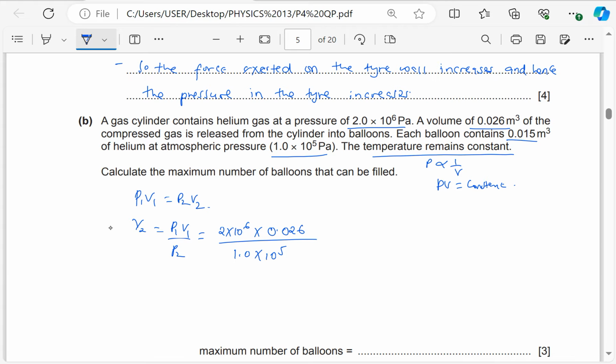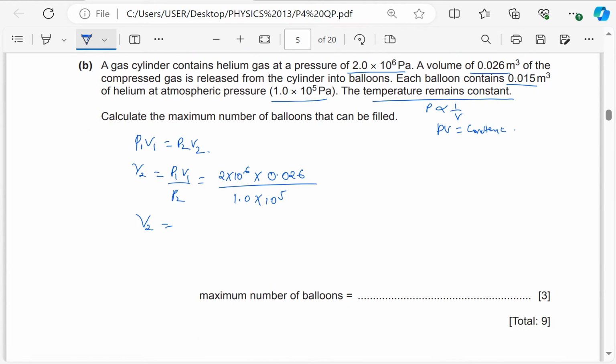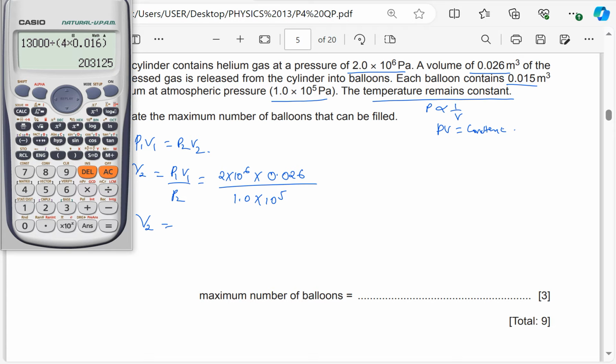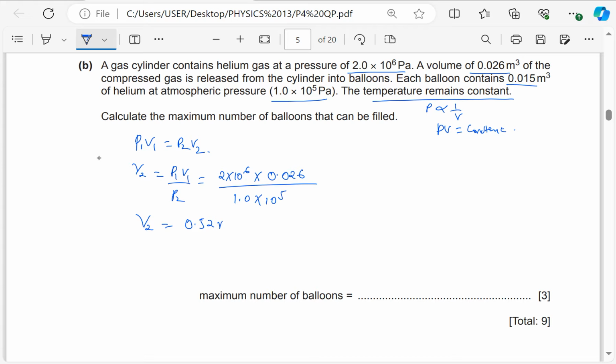So I'll just press my calculator to get the volume which is released from the cylinder into the balloons. 2 exponent 6 times 0.026 divided by 1 exponent 5. So that is 0.52 meters cubed.